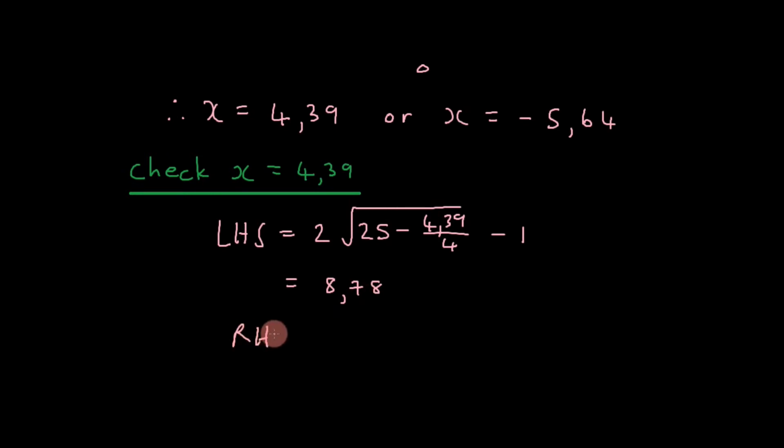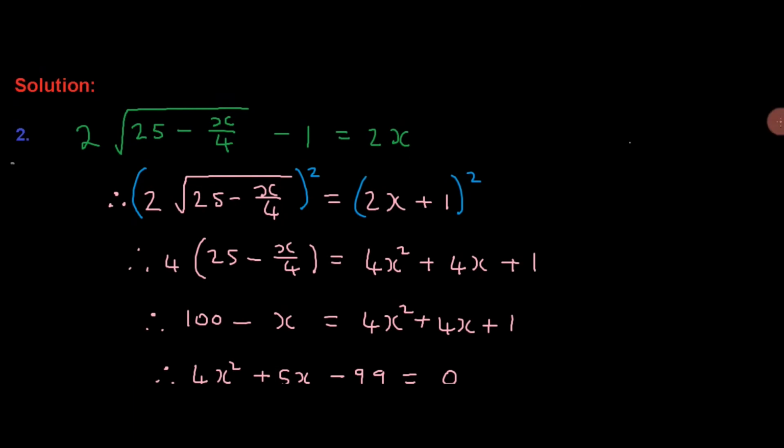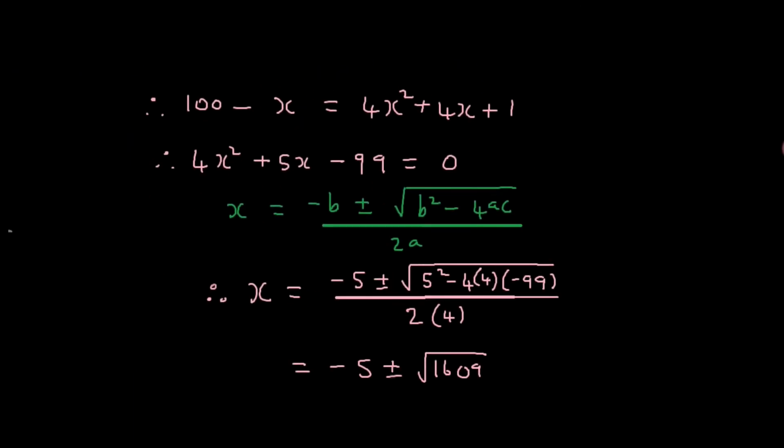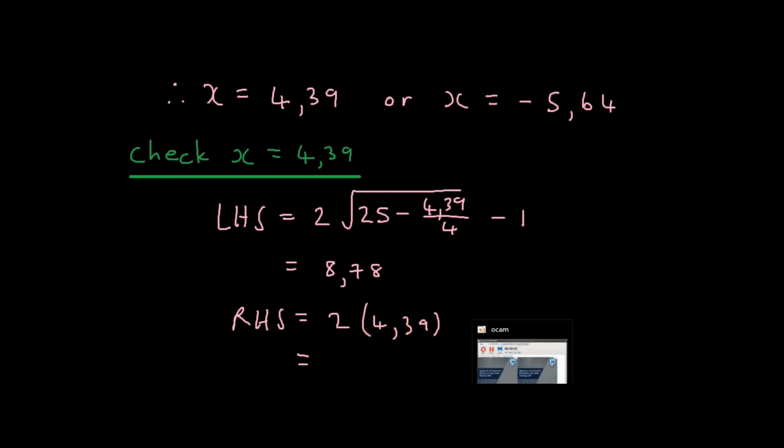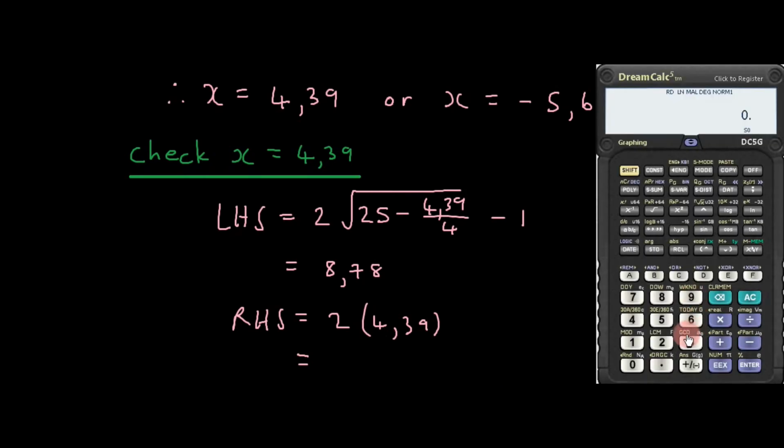Then the right-hand side of the original equation was 2x. So it's going to be twice 4,39. And this also comes to 8,78.